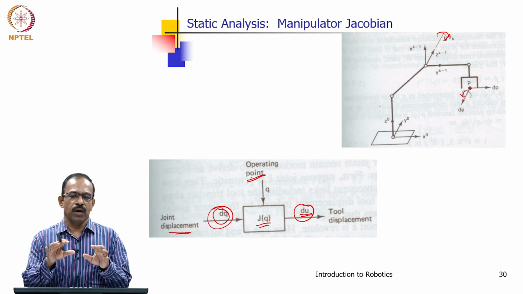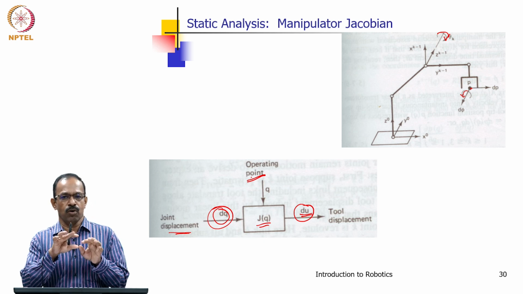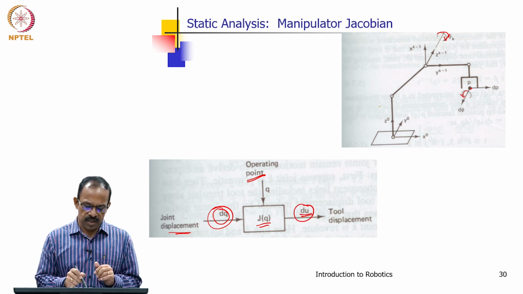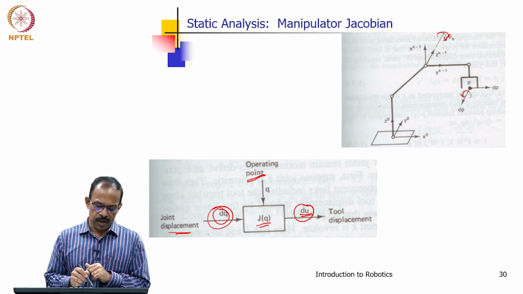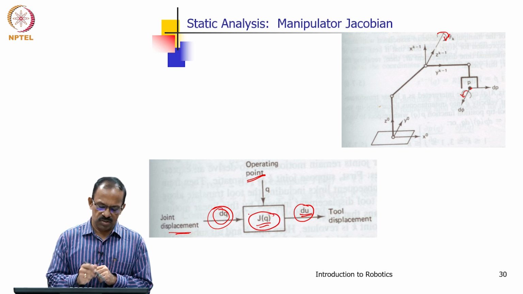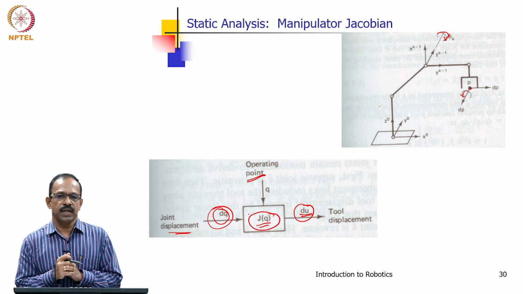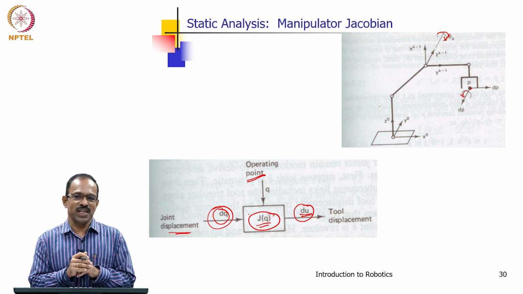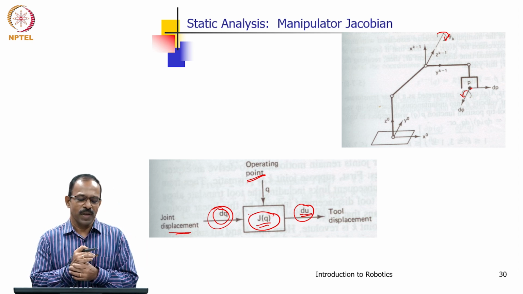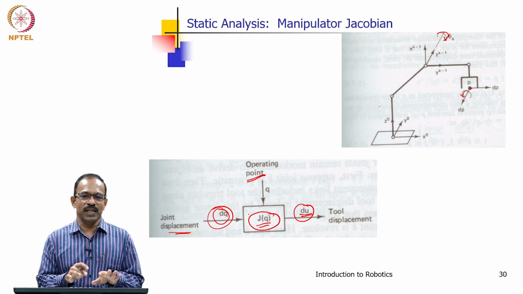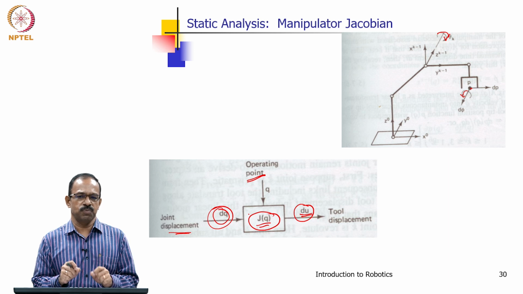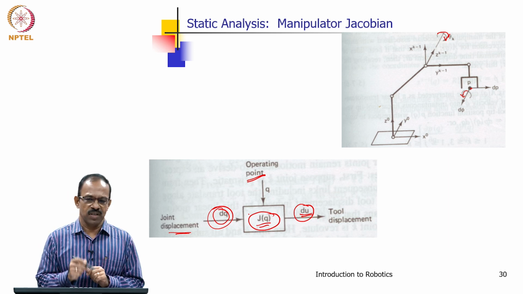For any given operating point, that is, any given current configuration of the manipulator, you can relate this infinitesimal displacement with a matrix, and that matrix is the manipulator Jacobian. So, in a way it is the same as the tool configuration Jacobian also. We are not really talking about the velocities per se here. We are saying that a very minor displacement can be related using this J(q).